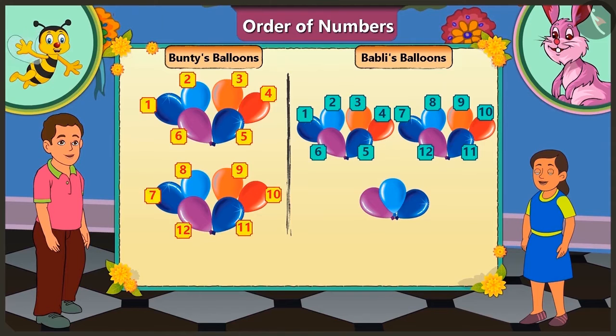Bunty has 12 balloons and Bubbly too has 12 balloons. Oh, what is this? Bunty is left with no more balloons, but Bubbly still has 3 balloons left with her. So we can say that Bubbly has 3 more balloons than Bunty. That is, she has 15 balloons with her.